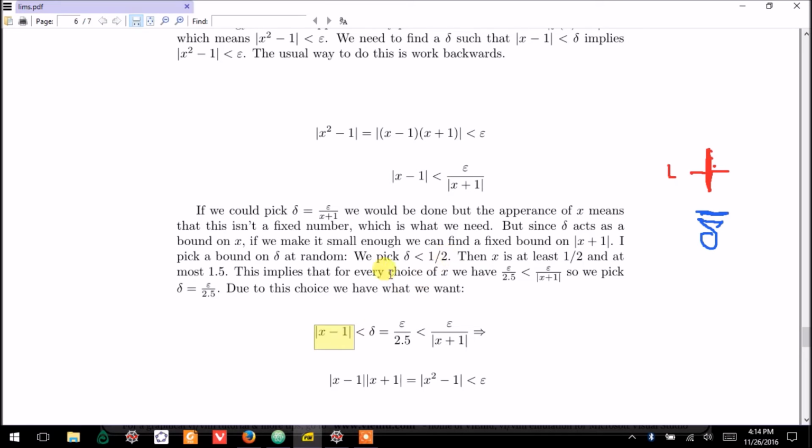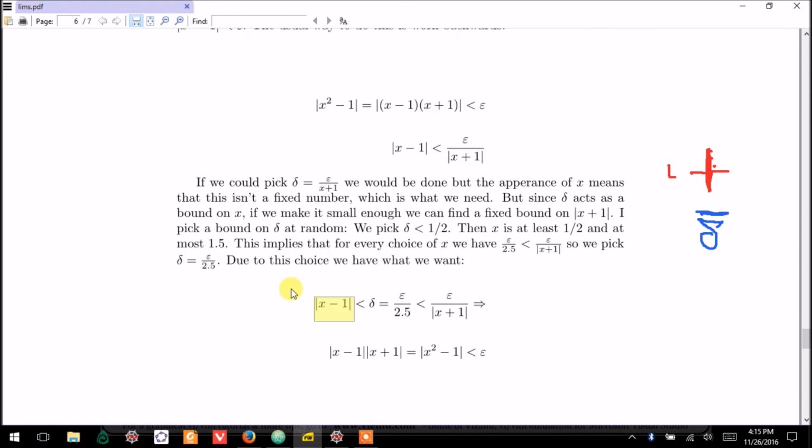What did I want? I wanted to be able to say this up here, that absolute x minus 1 is less than epsilon over x plus 1. If I could get this, I just sort of backtrack it to here, and I will have exactly the goal that I started out with.